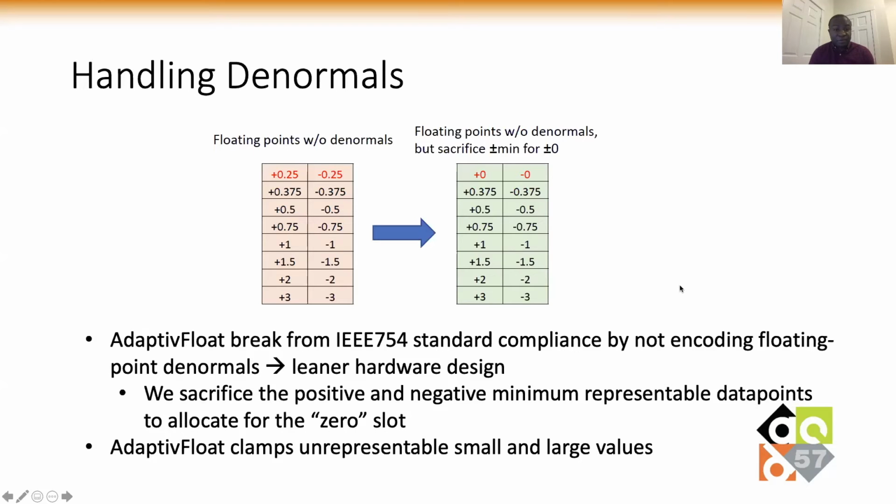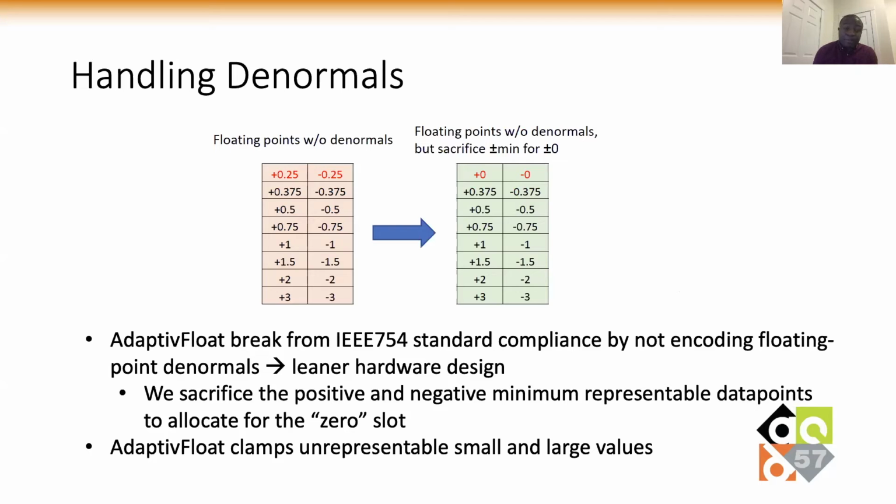The adaptive float number system generally follows the standard floating point specification. However, we break from standard IEEE 754 compliance by not encoding floating point denormals. By doing so, we significantly simplify the hardware design. And it turns out that denormals are small enough not to affect the inference accuracy of the neural network.